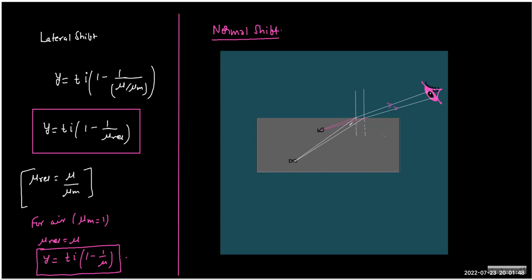So you take two light rays at a very small angle difference, theta and theta plus d theta. This is the real object, but this is the object which appears to the observer, so we call it the apparent object.